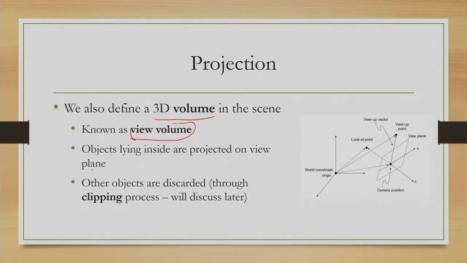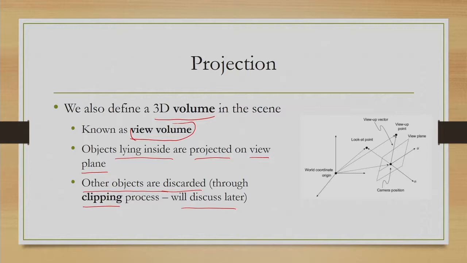So, whichever objects are lying inside this view volume are projected on the view plane, more specifically on the clipping window, and other objects that are outside are discarded. Now, this discarding takes place through a process called clipping, which we will discuss in subsequent lectures.